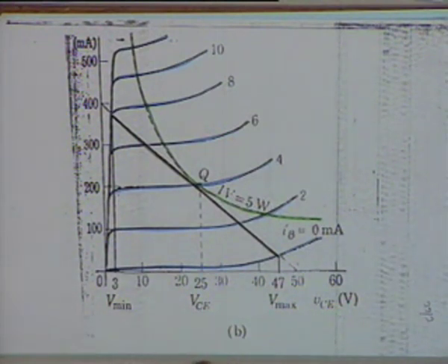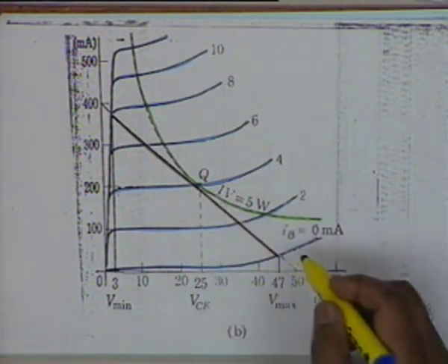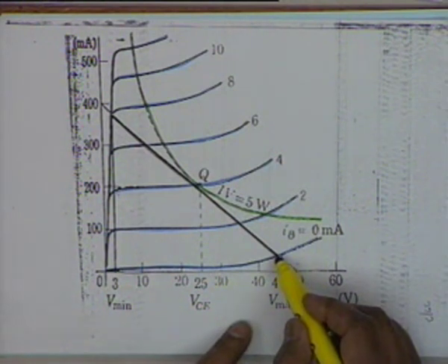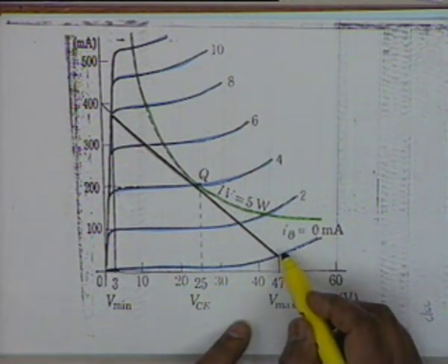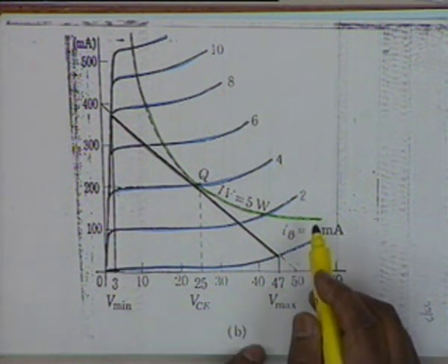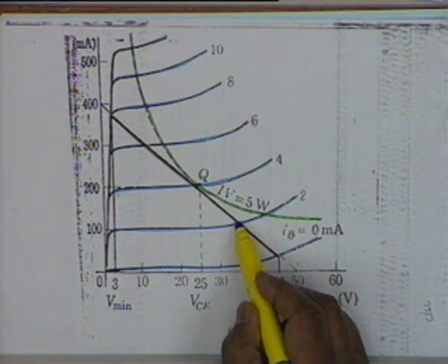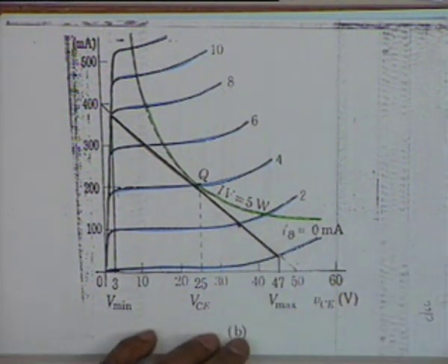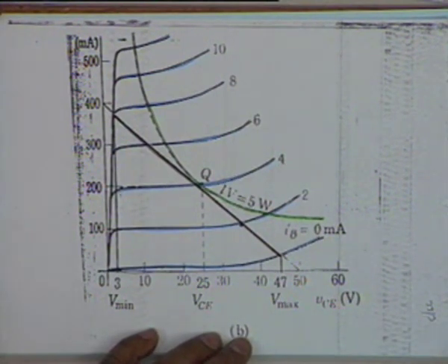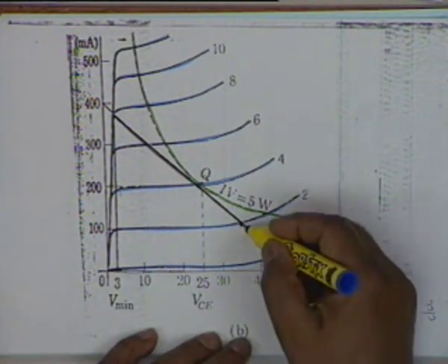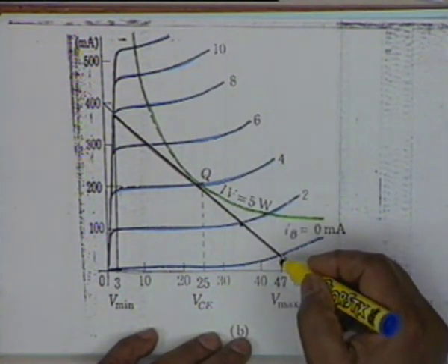On the other hand, if we had chosen our Q point, let us say somewhere here, all right, then the collector current would have flown only for a part of the base current cycle, or maybe the Q point is here. If here we apply, let us say, a 2 milliampere peak AC, then for the positive half cycle there is no problem, but for the negative half cycle you shall have a problem.